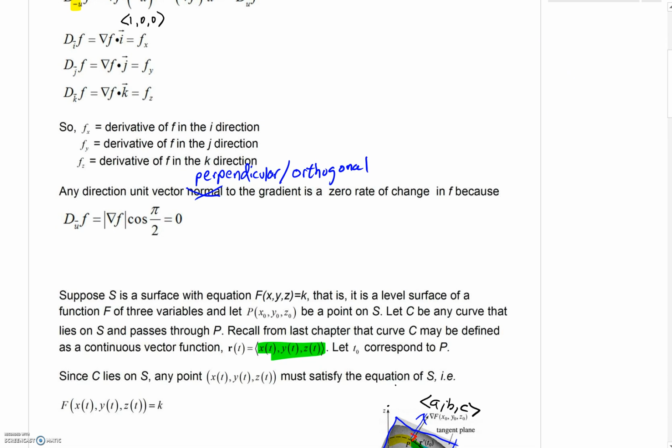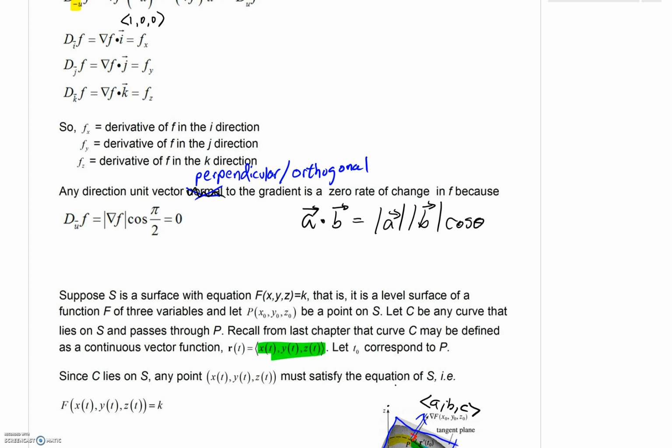So any direction unit vector perpendicular, or orthogonal, to the gradient gives a zero rate of change in f. This might look a little odd at first. You can think, where's this cosine coming from? It's coming from the fact that this directional derivative can come from a dot product, and the dot product is equivalent to the length of vector a times the length of vector b multiplied by the cosine of the angle between them.